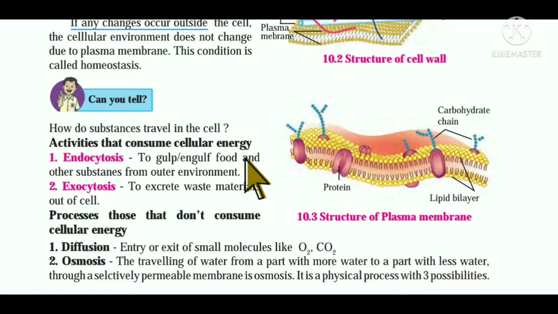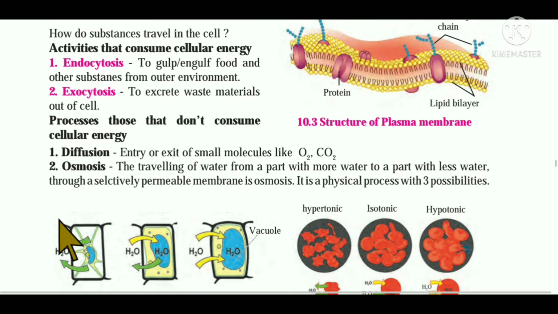To engulf or take food and other substances from the outer environment inside is called endocytosis, and exocytosis means the excess waste material, the material which is not needed, gets outside of the cell. These two types of activities need cellular energy.